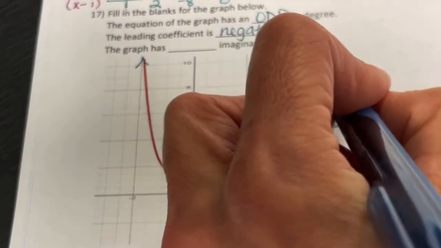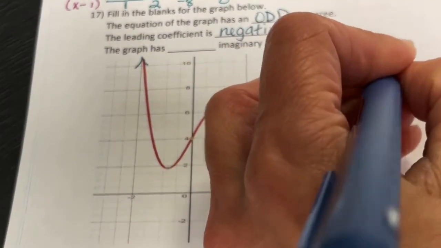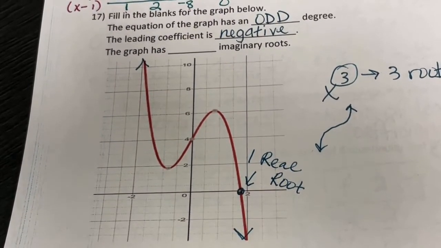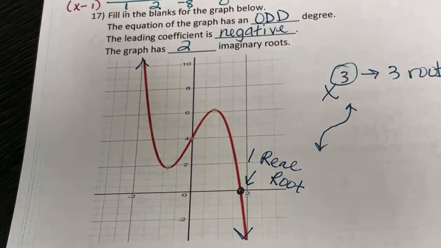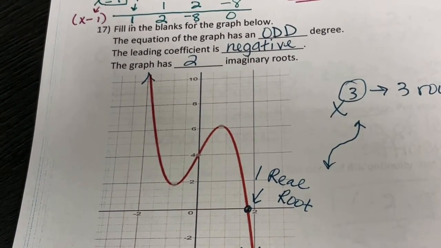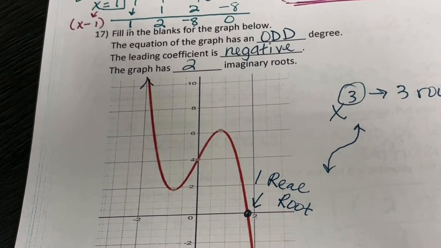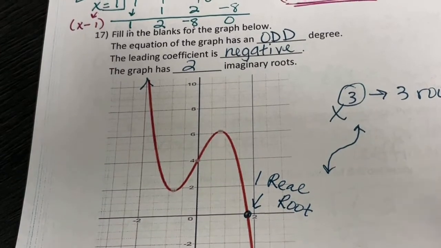But because it's a cubic, it should have a total of 3 roots, which means the other 2 roots must be imaginary. So the graph has 2 imaginary roots, because 2 plus 1 add up to 3. And it makes sense because imaginary numbers, the i's always come in pairs. Everyone has 2 i's, theoretically. Gotta throw that in there.